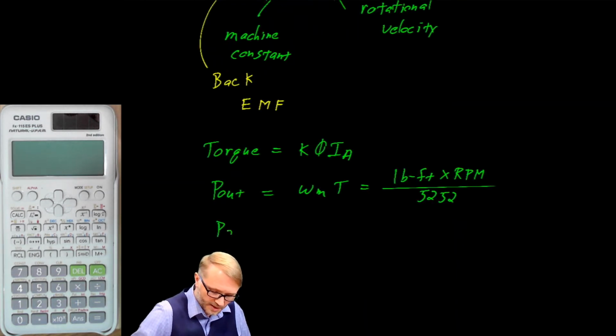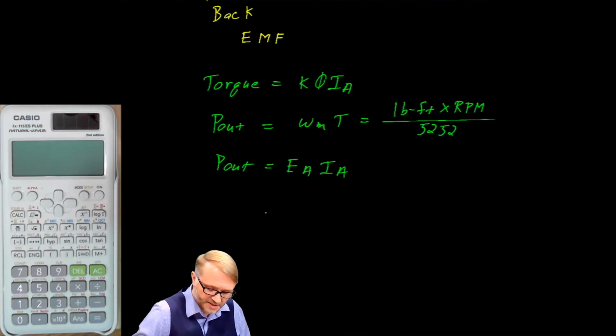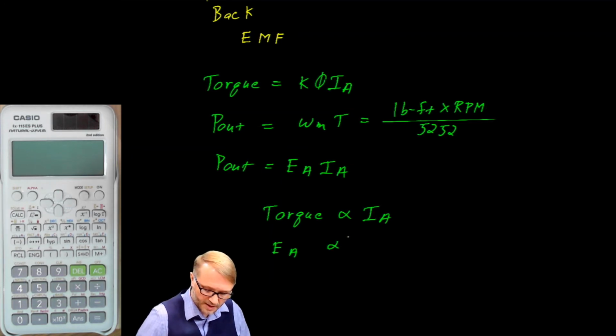The power out expressed electrically is the back EMF by the current. And when you look at all this, you'll find out that things are very similar to our linear motor. Our torque is proportional to the current that's flowing in the armature, and our back EMF is proportional to the RPMs.